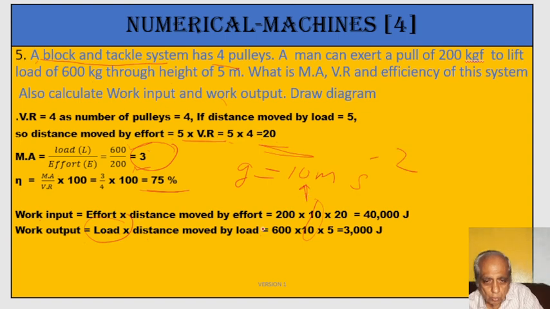Because my force has to be in Newton, then only we will get Joule. And 20 is the distance moved by effort, because distance moved by load is 5, velocity ratio is 4. Here I have calculated distance moved by effort is 20, and distance moved by load is given. So in this manner we can calculate work input and work output.